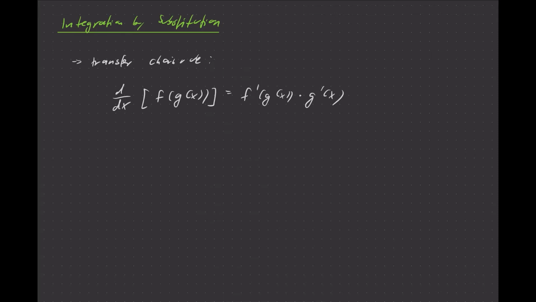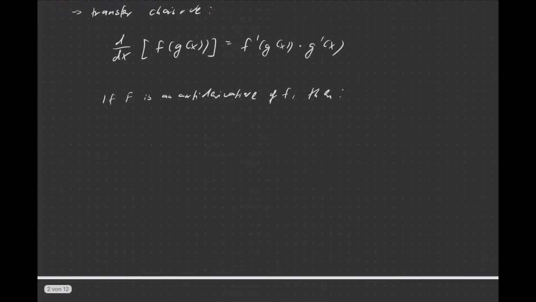Now let's say we have an antiderivative for f. So if capital F is an antiderivative of f, then the following is true. Applying this chain rule, we can have a look at the function capital F of g of x and differentiate that.